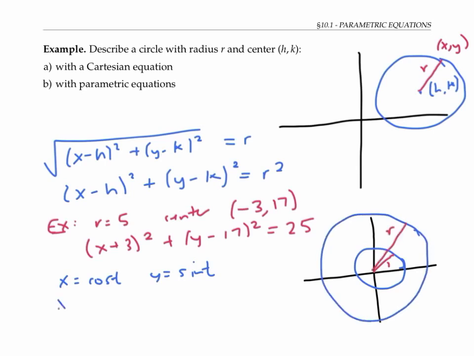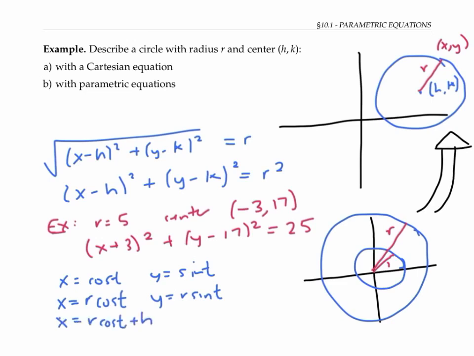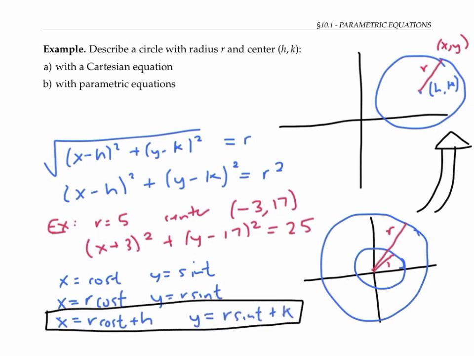So we multiply our x and y coordinates by r. If we now want the center to be at (h, k) instead of at the origin, then we need to add h to all our x coordinates and add k to all our y coordinates. This gives us the general equation for a circle in parametric equations to match the Cartesian equation above.